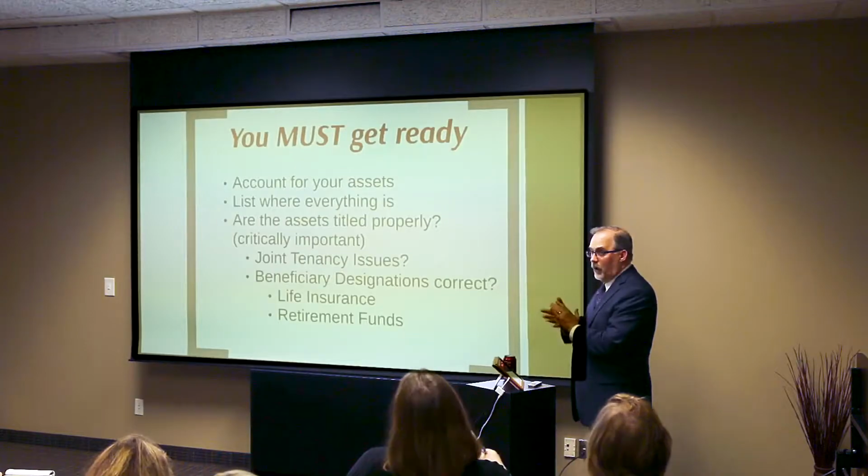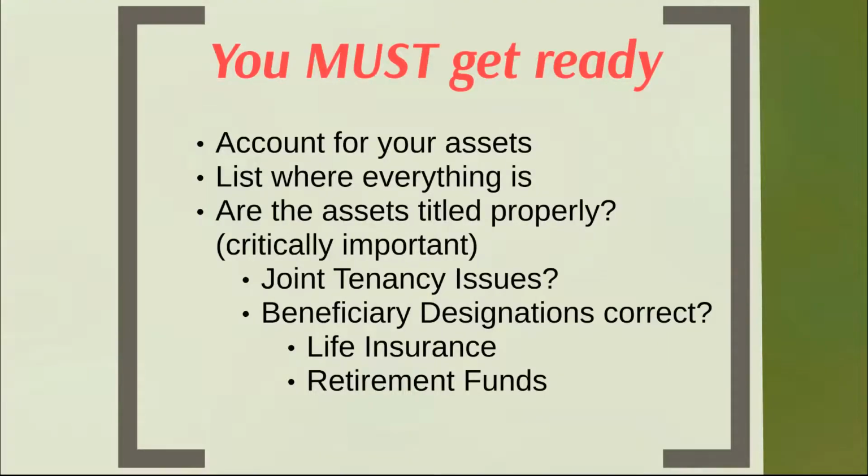And so many people don't do it. So we want to give you tools, and we will give you tools to help make and prod you to make sure your beneficiary designations are correct, that your assets can be found, and those doubts are eliminated for your beneficiaries.